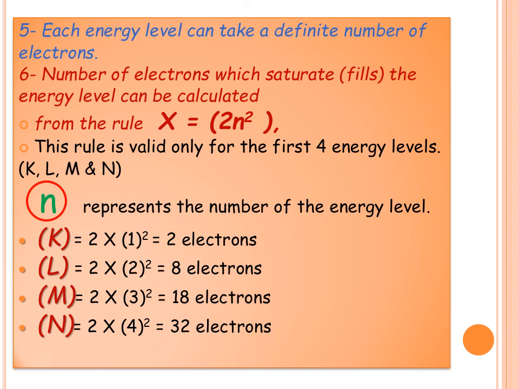So the number of electrons will be 18. And the last level to apply the rule is N. The number of the N energy level is 4. So the rule 2N power 2 equals 2 times 4 power 2 equals 32 electrons. Again, the rule 2N power 2 is valid only for the first 4 energy levels.